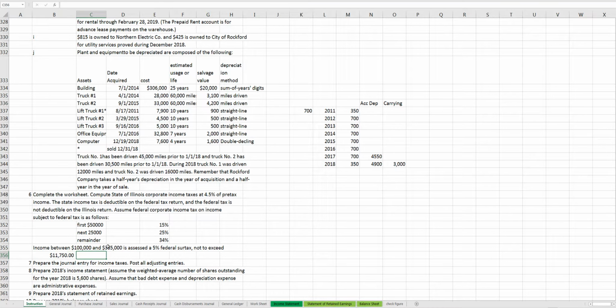Between $100,000 and $335,000, it's a 5% surtax, and the amount is capped at $11,750 for pre-tax income of $335,000 or more. If you look at our pre-tax federal income, it's just between these numbers, so we're going to just charge a 5% federal surtax.